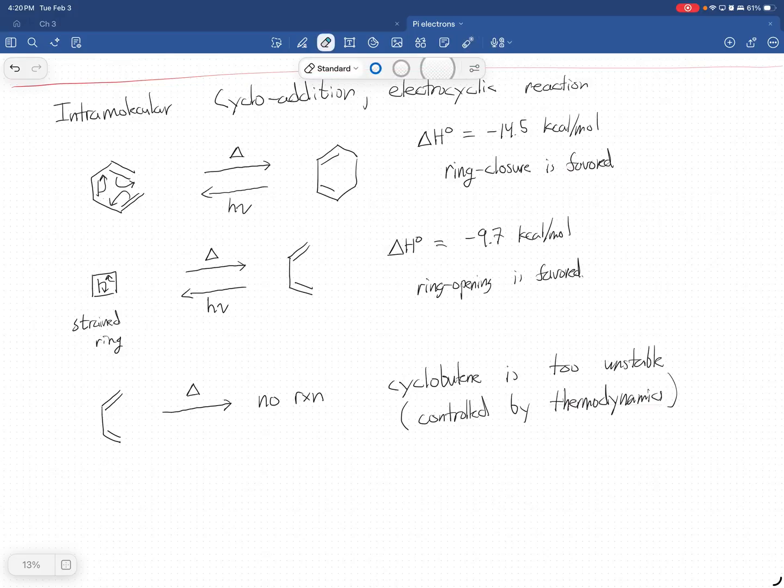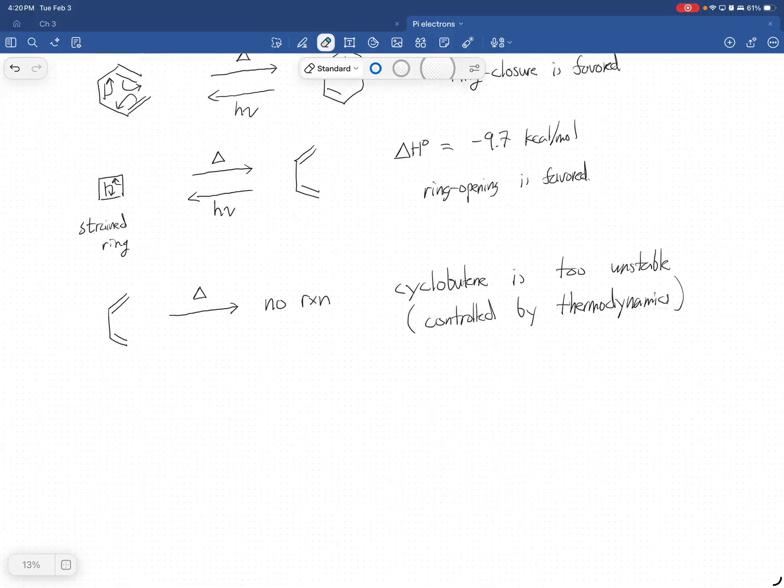Remember in Gen Chem, you excited the gas and it gave off a certain color? Like you used hydrogen gas, you put electricity through it, and it gave a different color. So you promote it to an excited state. The interesting thing about light is we can promote electrons to an excited state, they can react, and you can form a product.